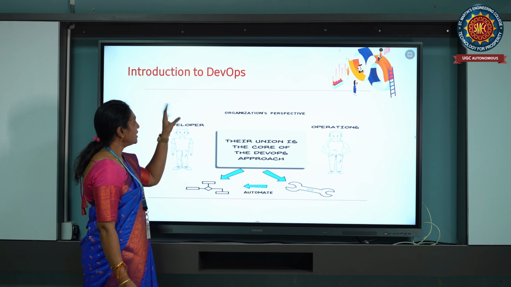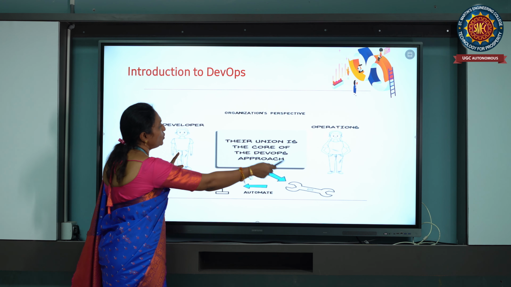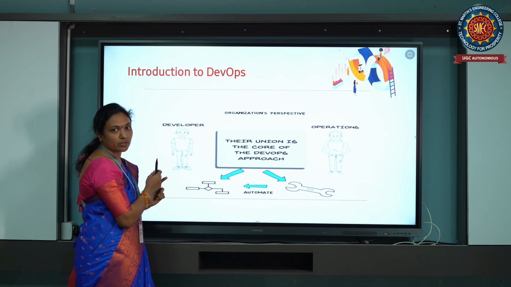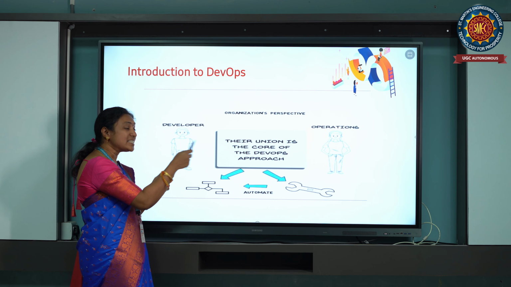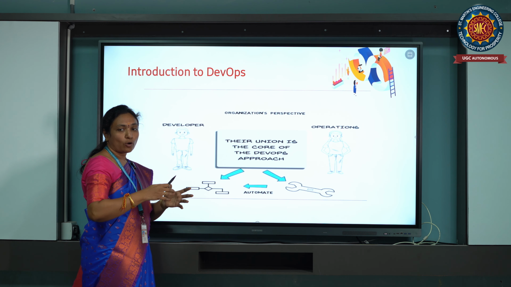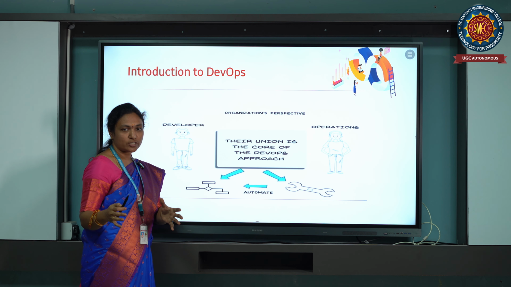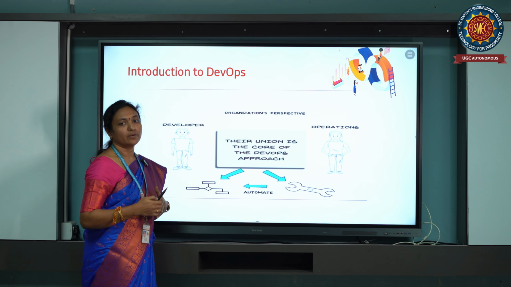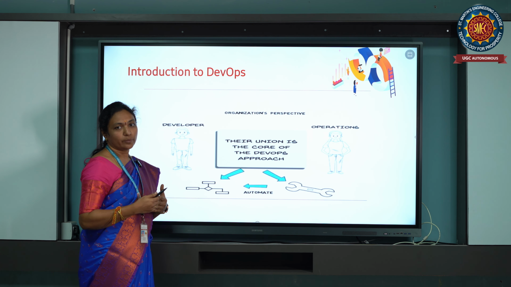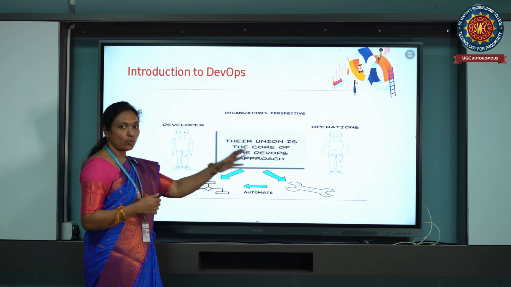So why do we need DevOps? We need their union. The developer and operations are collaborating with each other. They discuss what responsibility the robot should have when it is in a closed place, and what the function of the robot is if it is in the open area.